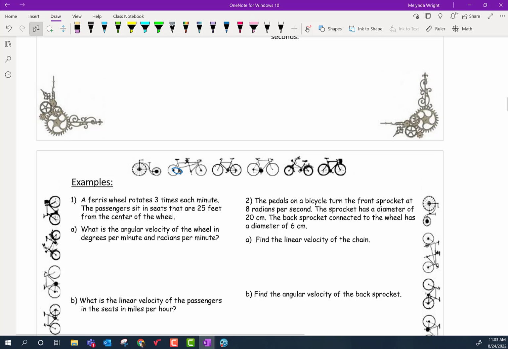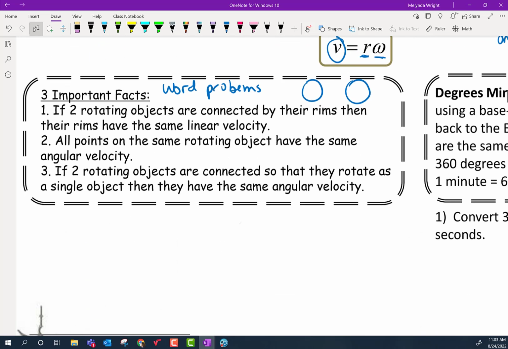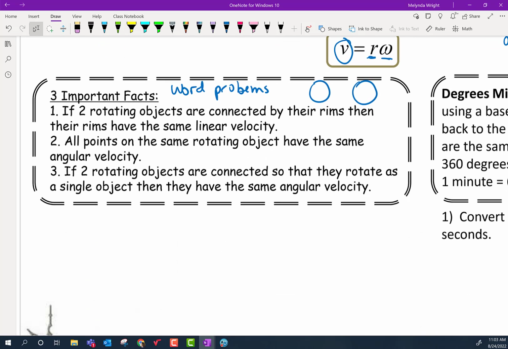So since the 2 rotating objects are connected by their rims, their rims have the same linear velocity. Because imagine if they didn't. If one of the objects was rotating faster than the other, it would break all apart, right? You wouldn't go anywhere. It would be bad.